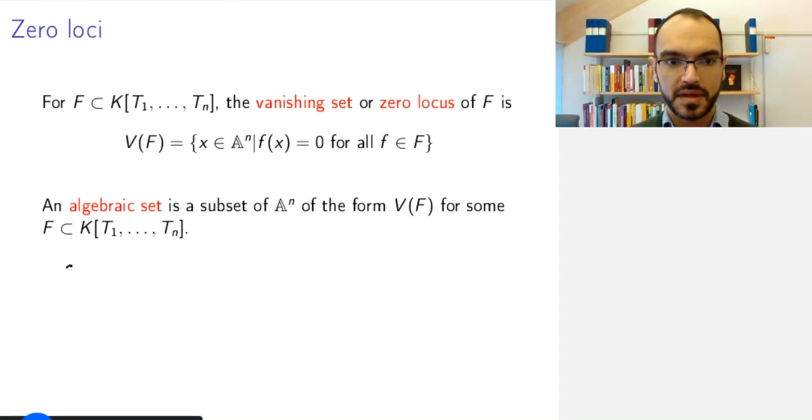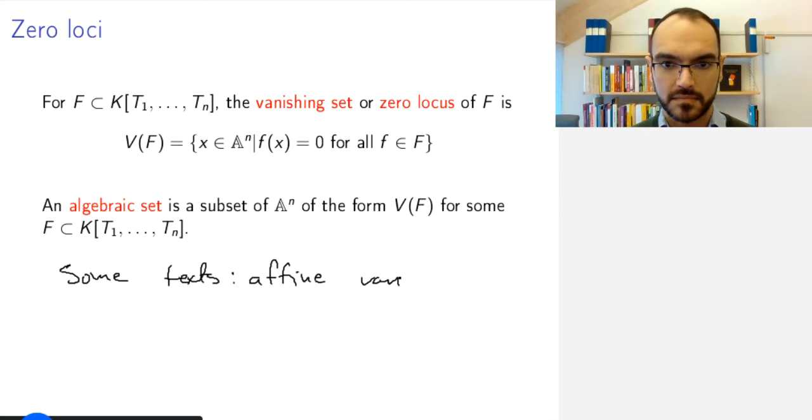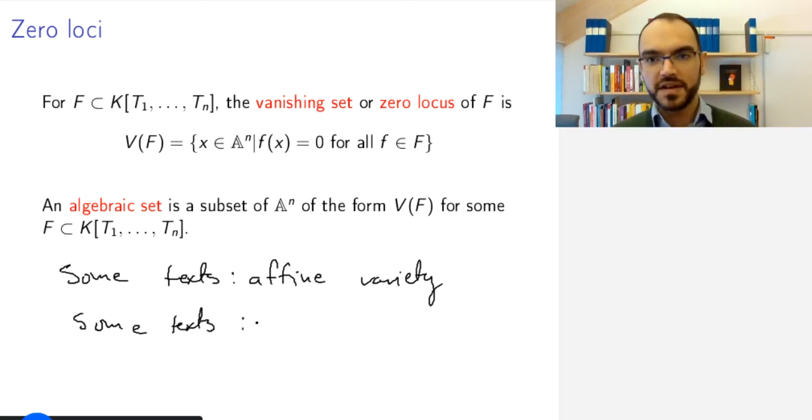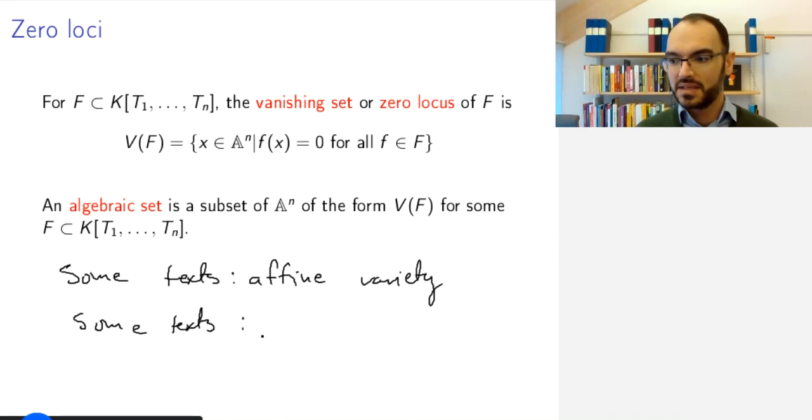In some pieces of literature, this is already called an affine variety. But in some other texts, affine varieties will somehow be the simplest kinds of algebraic geometric objects we will look at. They will be the equivalents of surfaces and curves and things like that.